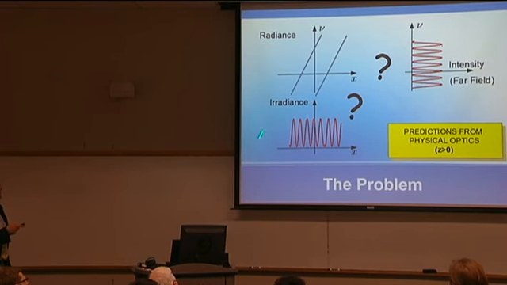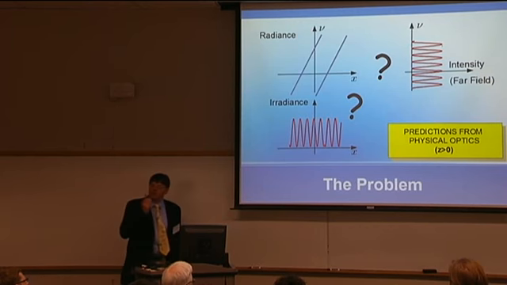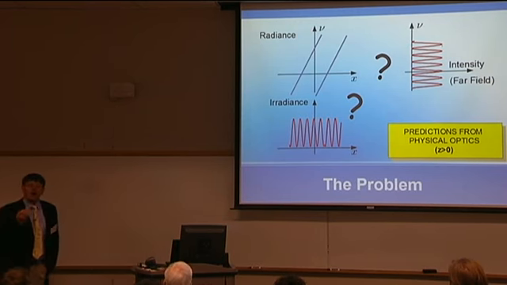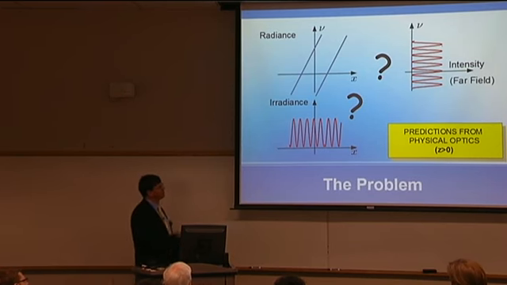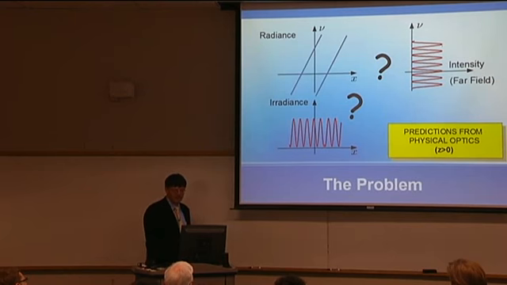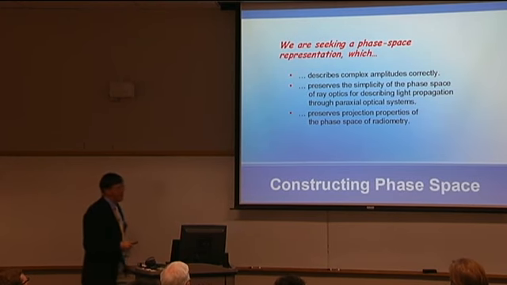And in any diffraction plane, the irradiance is also modulated in a cosinusoidal way. So the question now is, how can we change our idea about phase space to incorporate these observations?